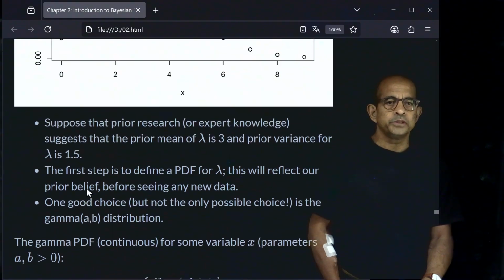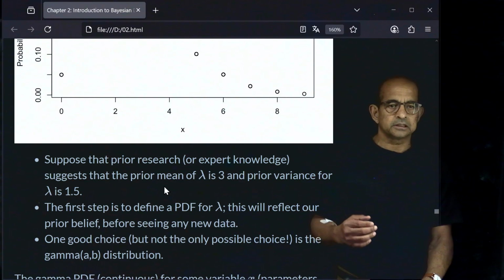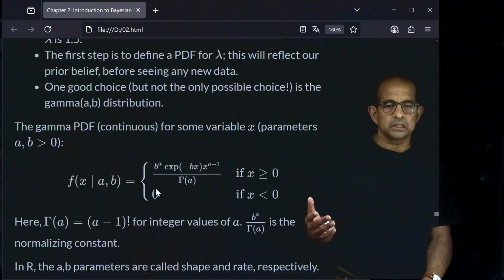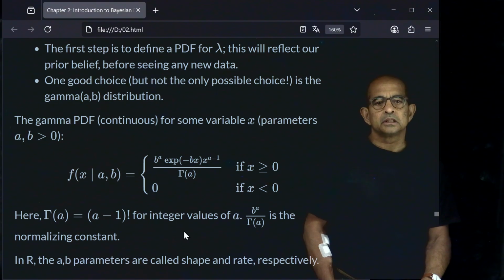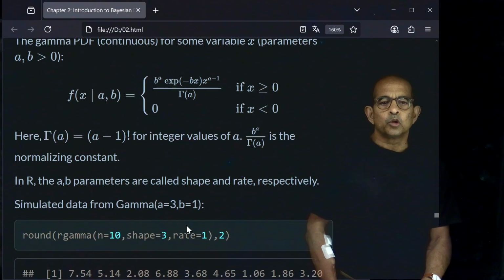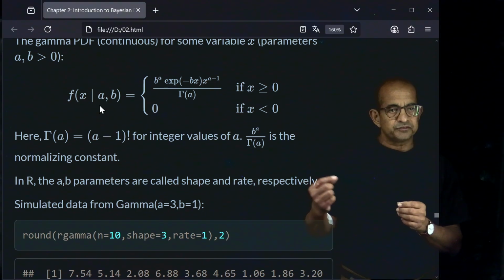So as I said, we know two things about the lambda parameter from previous work. In this hypothetical example, we know that the mean is 3 and the variance is 4. Now, if we assume a gamma prior for the lambda parameter, we can figure out the parameters A and B in the gamma distribution that would represent our prior belief for lambda.